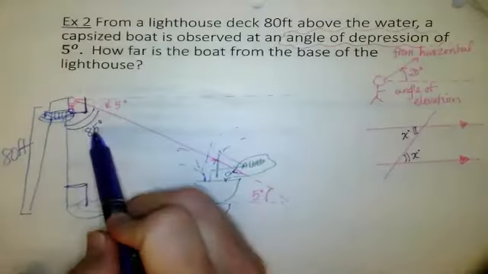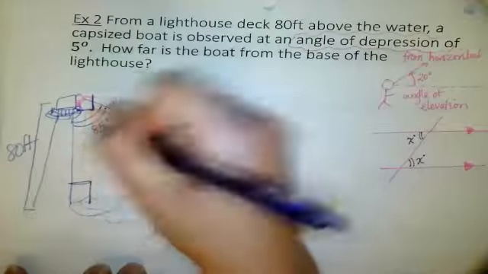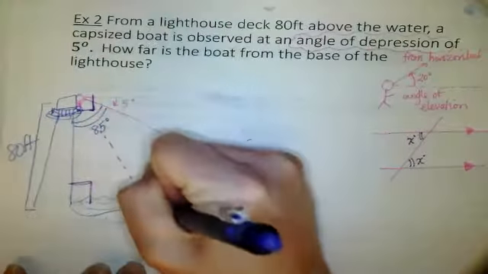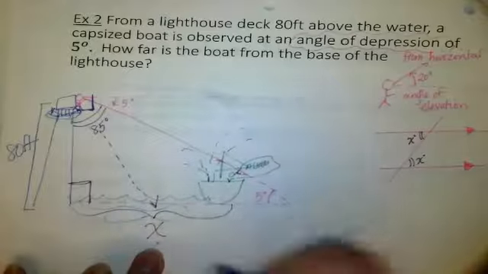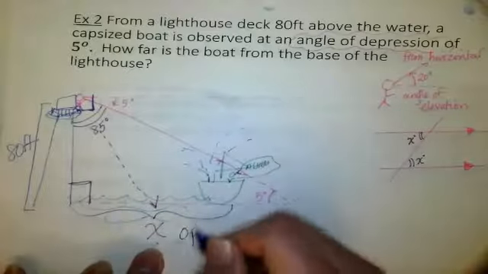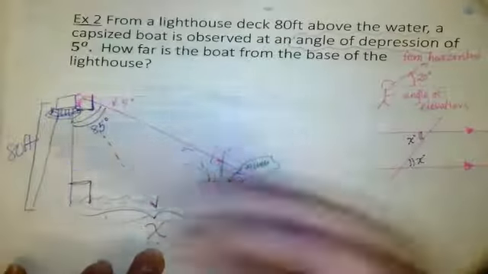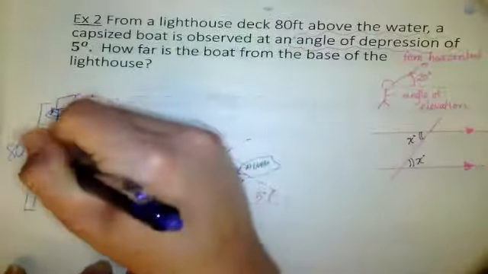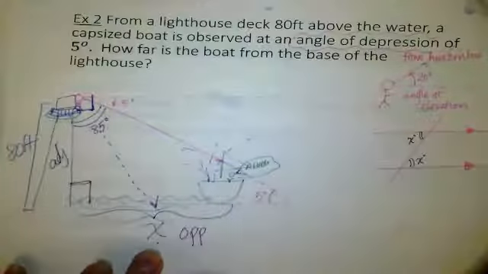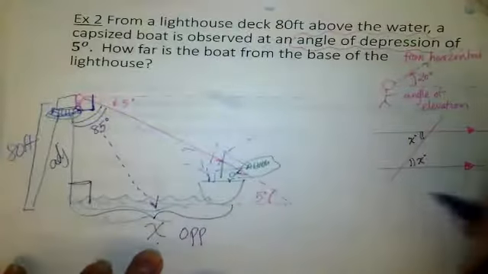But we have this 85-degree angle, and if we know this 85-degree angle, what label can we give X over here? Opposite. And then what would the 80 feet be? Adjacent. Okay. And so if I have opposite and adjacent, which trig function can I set up?